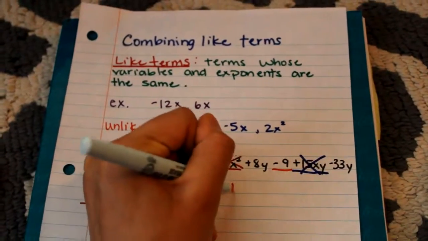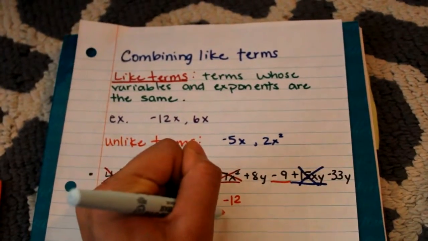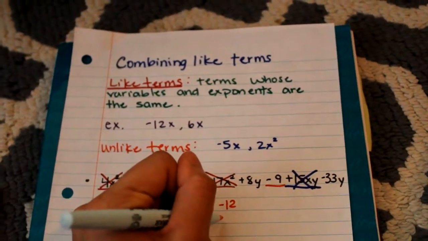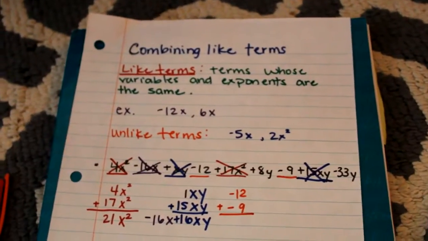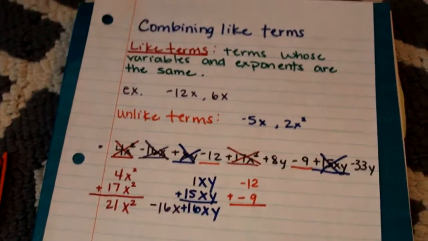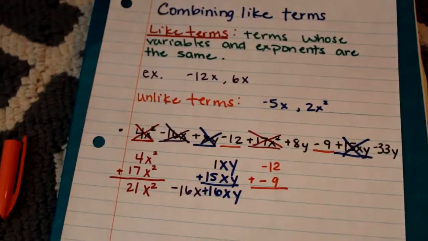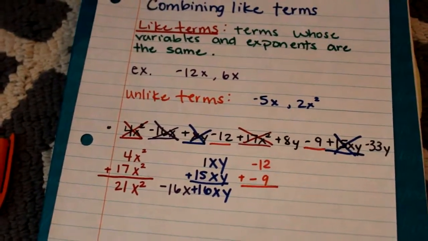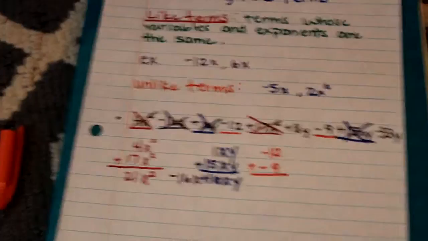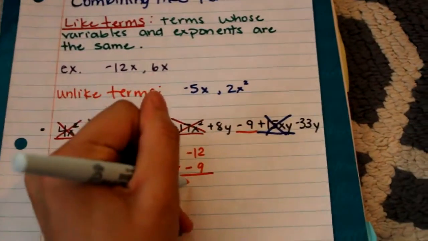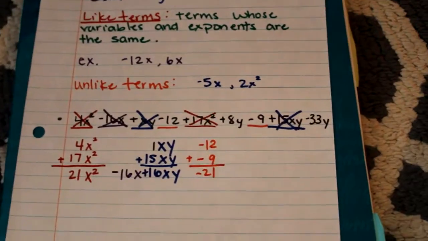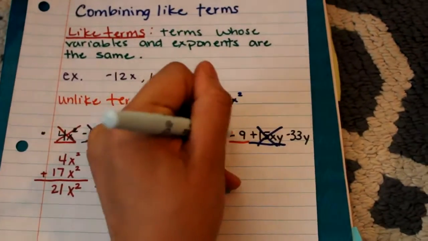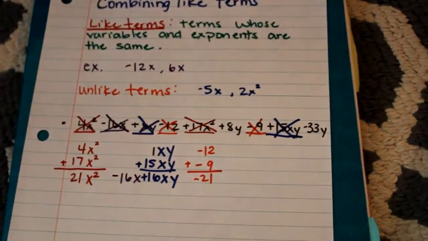So we're going to take negative 12, or minus 12, and minus 9, and we're going to add those together. So negative 12 plus a negative 9 becomes a negative 21.